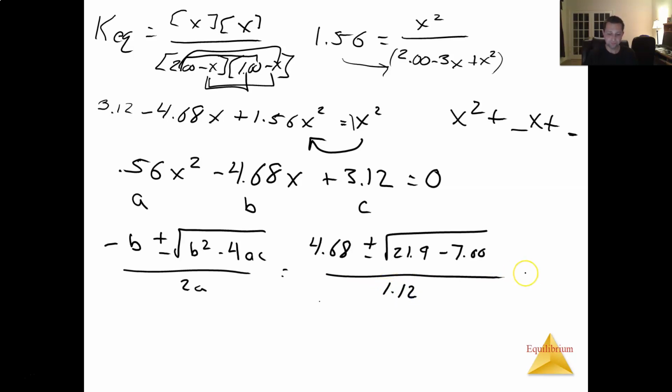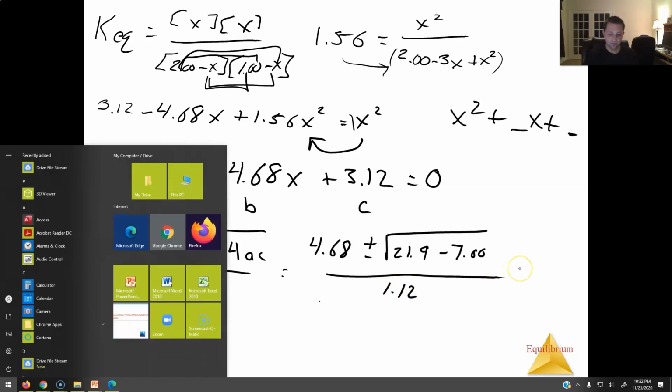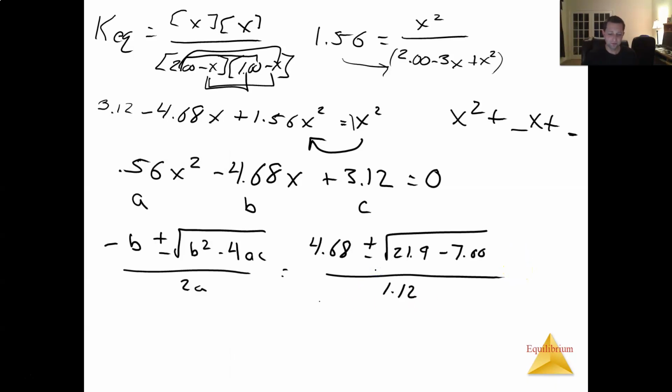All right. What you end up with is 4.68 plus or minus 3.86. So I just take the square root of this over 1.12.